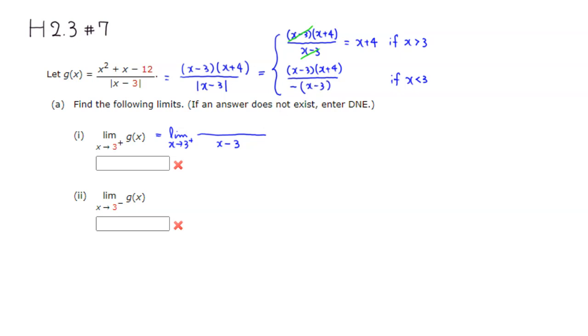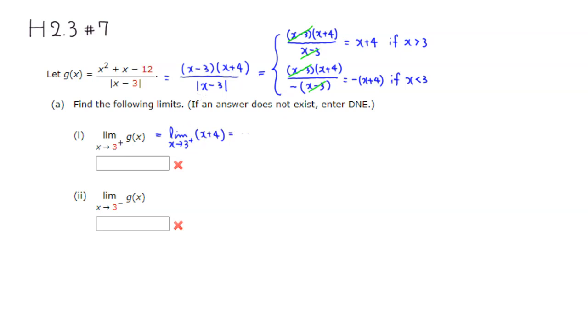This way, we can still cancel the common factor, which is x minus 3, but there's a negative sign. This is actually a negative quantity x plus 4. The sign's a little bit different. So we don't even have to do this. We already know that we have to use the top formula, which is x plus 4.